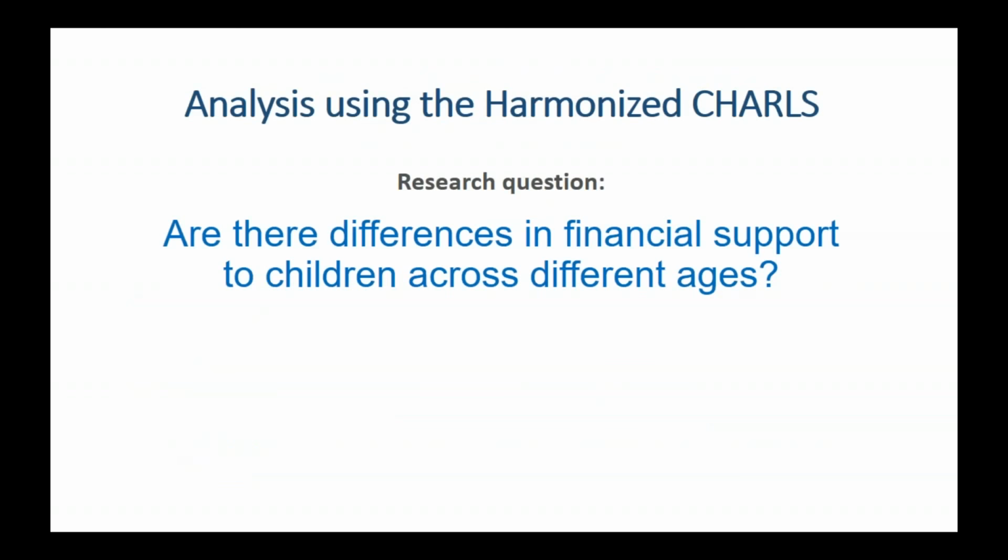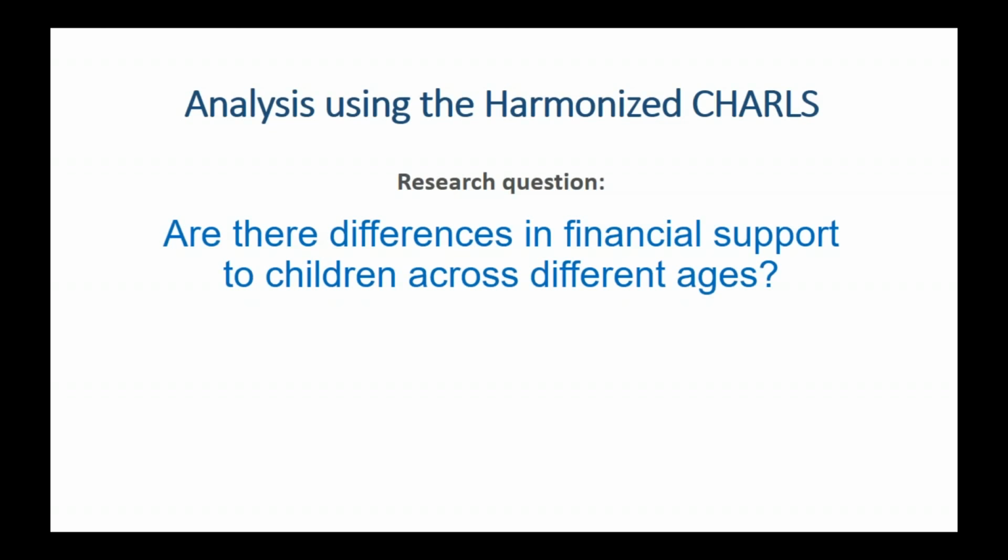So let's start with a research question, just as a way to get started. One of the things that we're going to look at is, are there differences in financial support to children across different ages? So for instance, we know that in certain cultures, it's much more common for people to give money to their children, even their adult children.